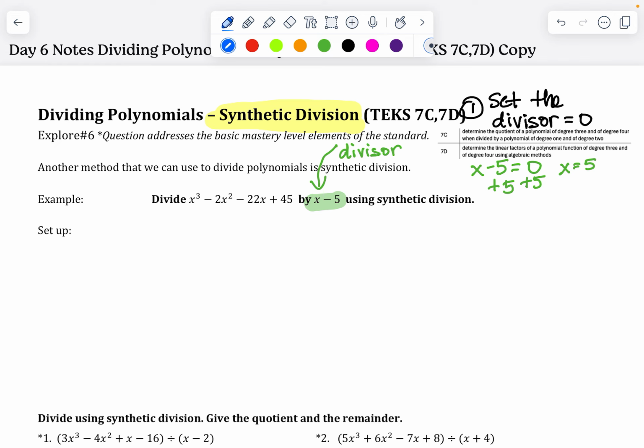Okay? So now we're going to do step 2. Step 2, we are going to write coefficients, and we've got to make sure it's in standard form.